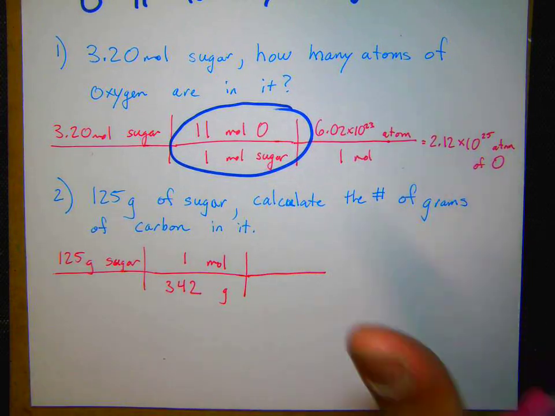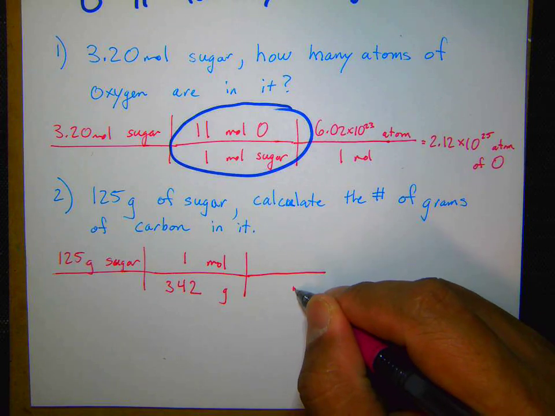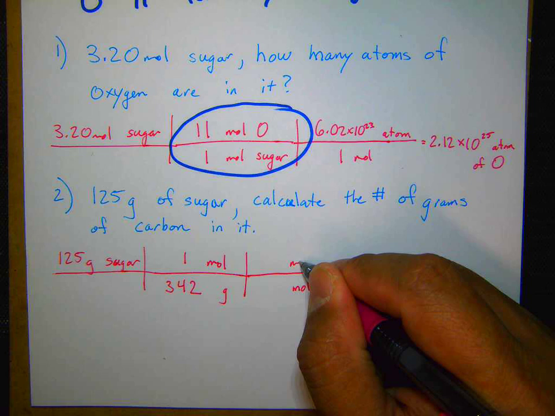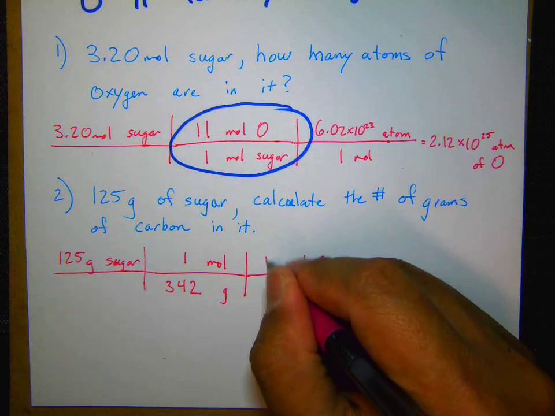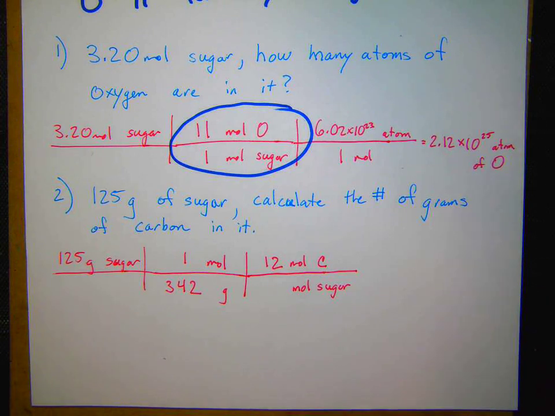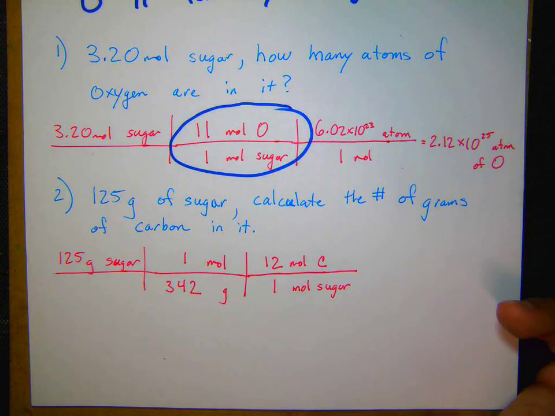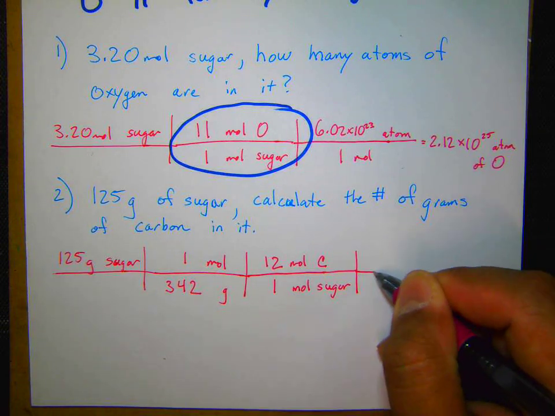Now, from the formula, moles of sugar, moles of carbon, we know that there's 12 moles of carbon for every 1 mole of sugar, right? And this will give us moles of carbon.